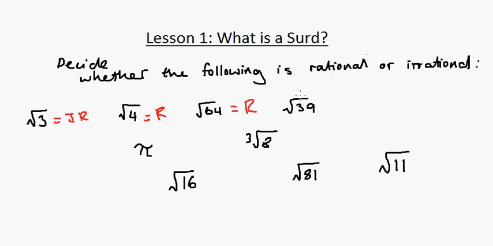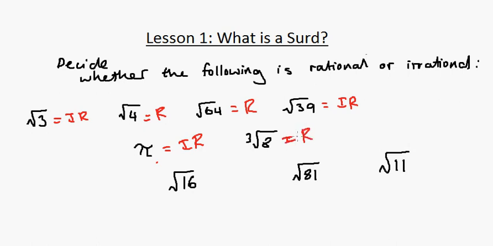The square root of 39 is something like 6.2, but as long as you know that it's not a perfect square, or it doesn't have a square root which is an ending decimal, then it's irrational. So this is irrational. Pi, as we mentioned, is irrational.